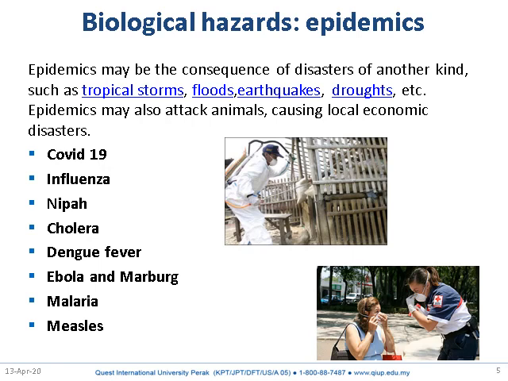Okay, the economy is affected after biological hazards like epidemics and outbreaks. Examples: COVID, influenza, Nipah, cholera, dengue, the Ebola outbreak that was there recently, malaria, measles outbreak. Think about the current COVID outbreak, how much it is affecting the economy.